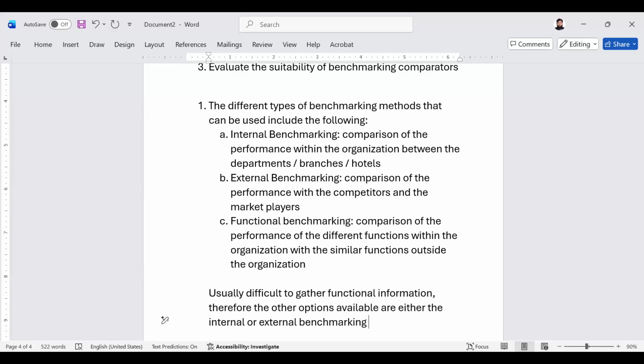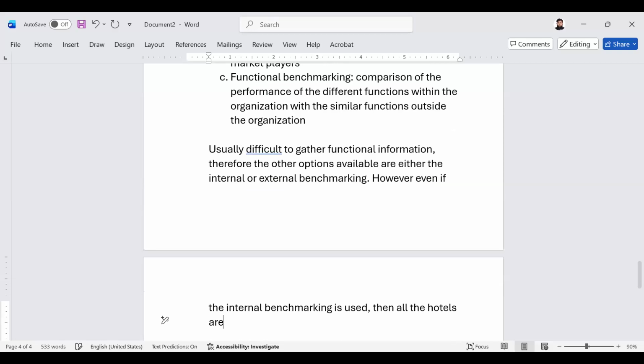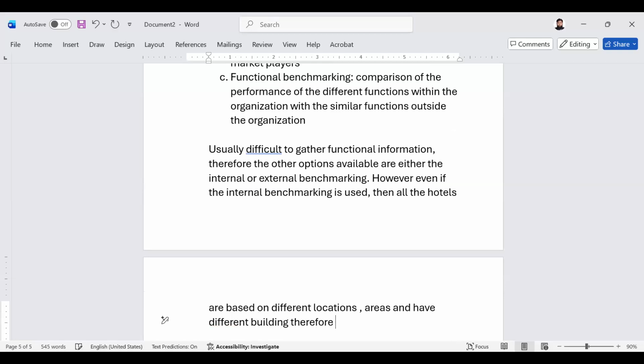So usually difficult to gather functional information. Therefore, the other options available are internal and external benchmarking. However, even if internal benchmarking is used, all the hotels are based on different locations, areas, and have different buildings. Therefore, the comparison may not be appropriate.